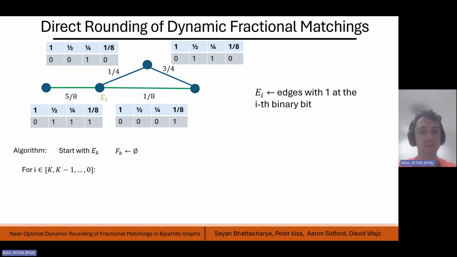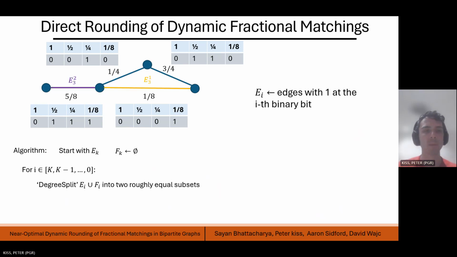And for i running from K to 0, we will look at the union of E_i and F_i, this supporting set we have, and all the edges with 1 at the i-th binary bit. We split it in roughly 2 equal sets with an operation called degree split. I will talk about it in more detail. Something like this. Then we define the supporting set of the next layer, F_{i-1}, to be the larger of these 2 splits.